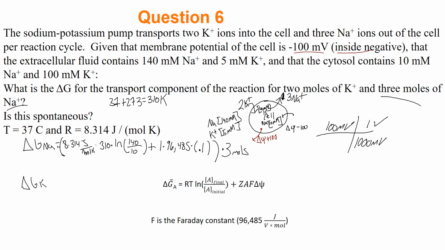So I have to multiply this by 3 moles. When you do all that, assuming I put everything into Excel correctly, the free energy for movement of sodium is 49,360 joules. So that's how many joules it takes to move 3 moles of sodium outside the cell based on these conditions.